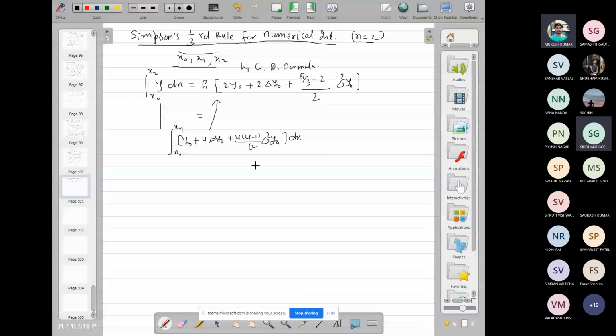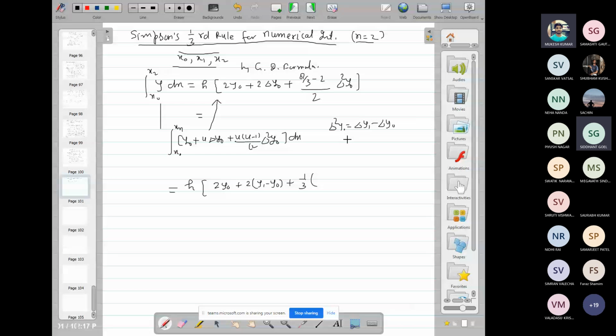So this is equal to h (2y0 plus 2(y1 minus y0) plus 1 by 3 del 2 y0). Del 2 y0 will be del y1 minus del y0.